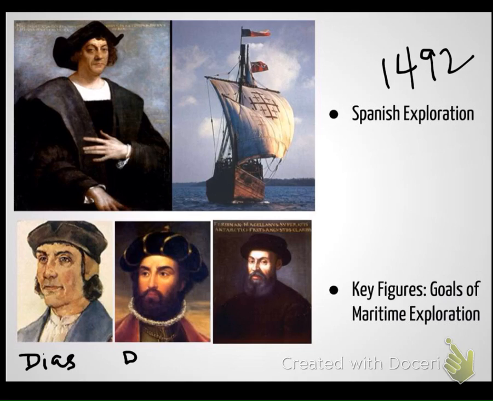Da Gama makes it and kind of builds on what Diaz does, not only makes it to the tip of Africa, but makes it around and makes it actually to India. And then we have good old Magellan here, who we know is the first person to circumnavigate the globe. Well, kind of. He dies in the Philippines, but his crew makes it all the way around, and they're the ones who circumnavigate, meaning going around the entire globe.